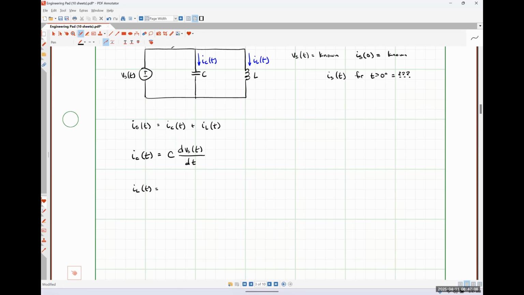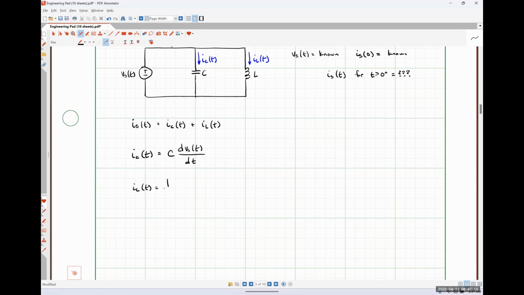That's going to look like 1 over L times the integral from some time where our current is known to some later point in time of Vs of t prime dt prime, plus IL at time t naught, where our inductor current is a known quantity.